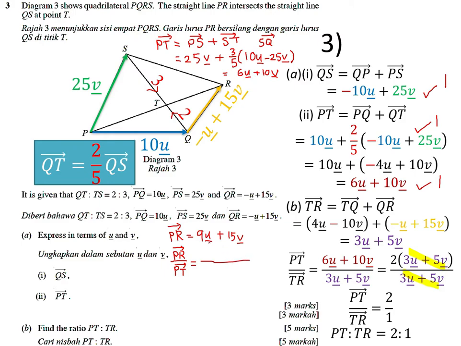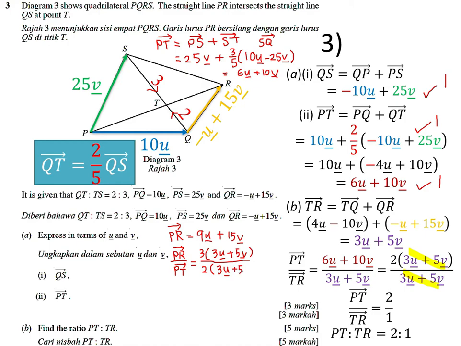Do you realize that this 9U plus 15V, we can actually factorize the 3 out also. So you still have 3U plus 5V inside. PT is 6U plus 10V. So we can factorize the 2 out again, and then it will leave 3U plus 5V inside.